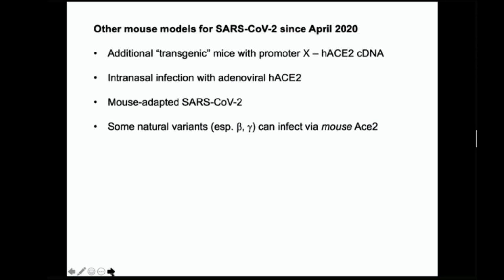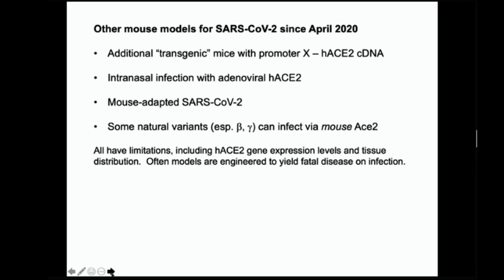And now there are some natural variants. There are many more than this now. Obviously, Delta is on everybody's mind, and I don't know off the top of my head whether Delta will infect via mouse ACE2. I'm feeling it doesn't, but could be wrong.